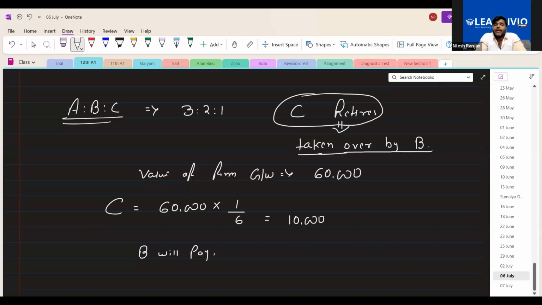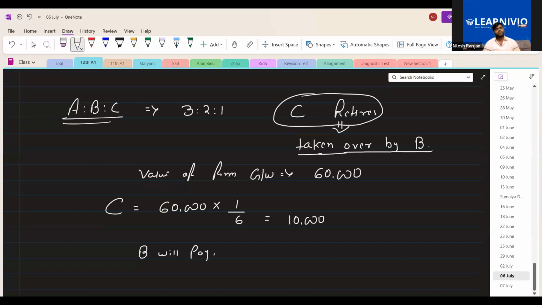If A and B both are getting C's share equally, what will change here? The gaining ratio.